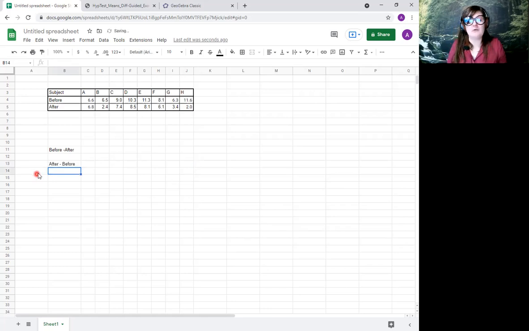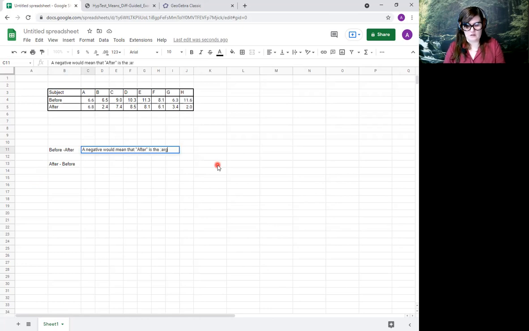And the question is, what would a negative number indicate in that sense? So a negative number here would mean that after is the larger number. Now, if after is the larger of the two numbers, what does that mean?